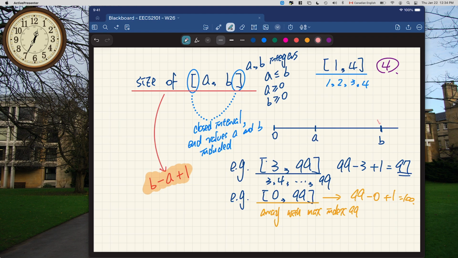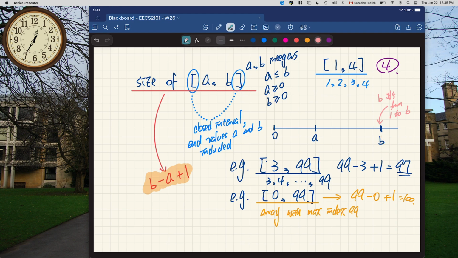B here simply means we have B numbers from 1 to B. For example, if I actually got B being 10, so go from 1 to 10, I got exactly 10 numbers, right?